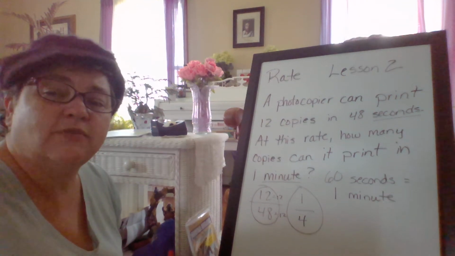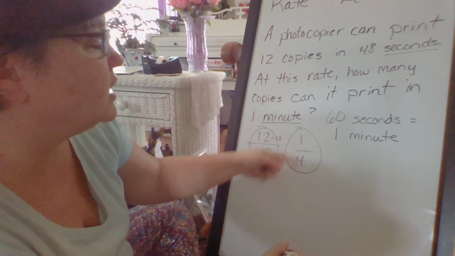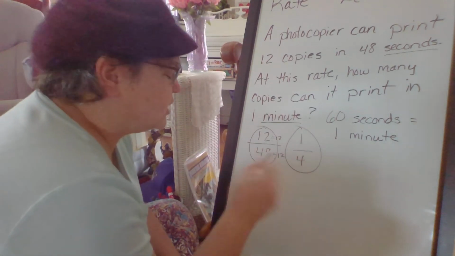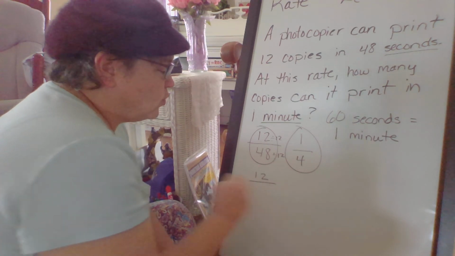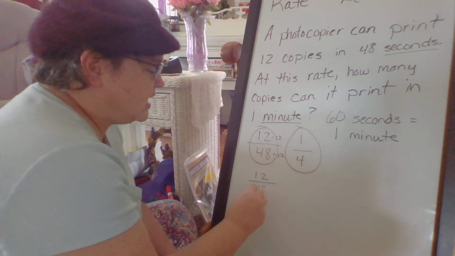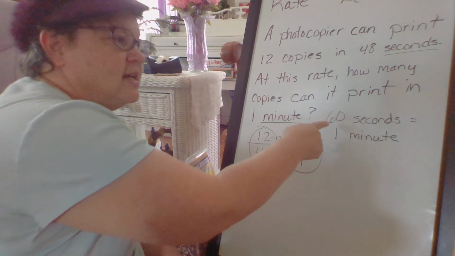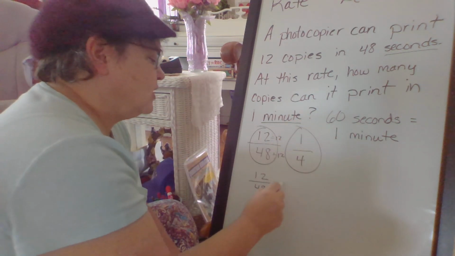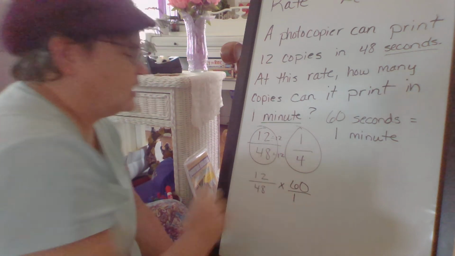If I didn't want to figure out that they can do 1 copy every 4 seconds, I can say 12 copies in 48 seconds. I want to know how many they can do in 60 seconds, okay?